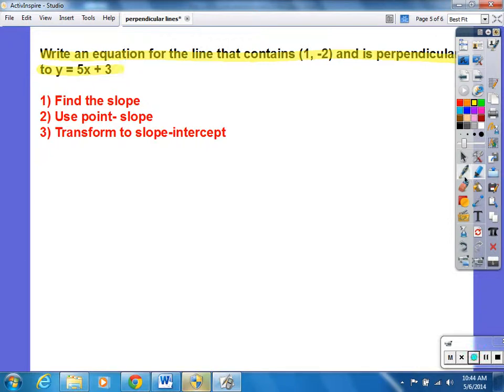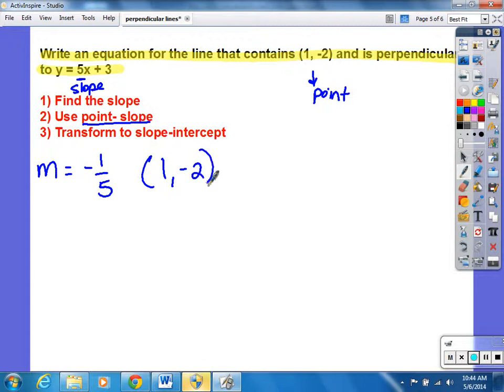So we know from this that we can identify the point and the slope, even though our slope of a perpendicular line will be different from the slope that we're given. And if we know the point and the slope, we know that we can write an equation in point-slope form, and then transform it. If the slope of this line is 5, the slope of a line that's perpendicular is going to be negative 1/5. The point is (1, negative 2), because that's what's given.